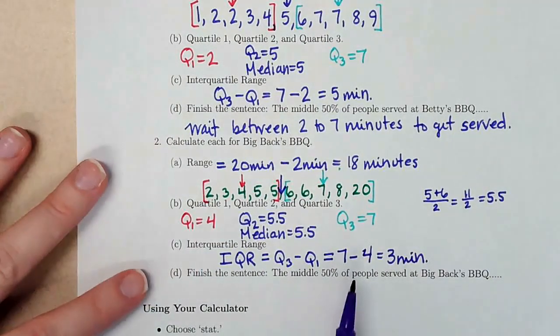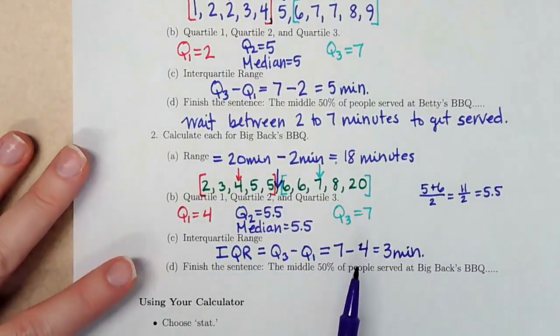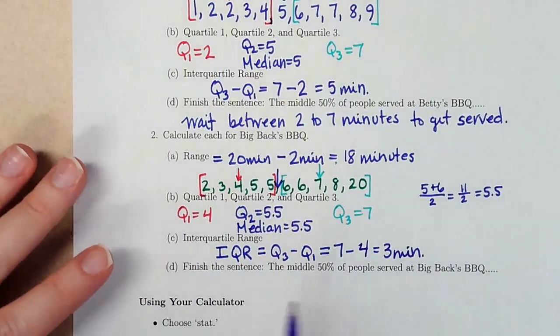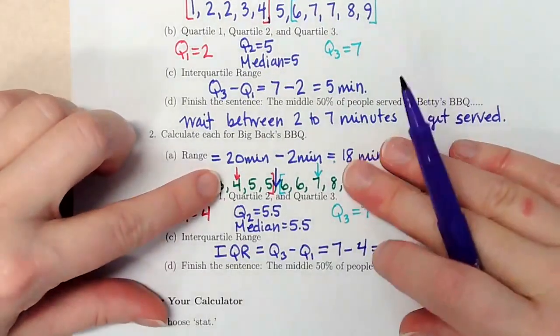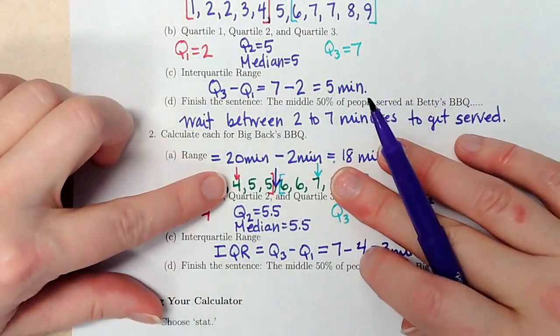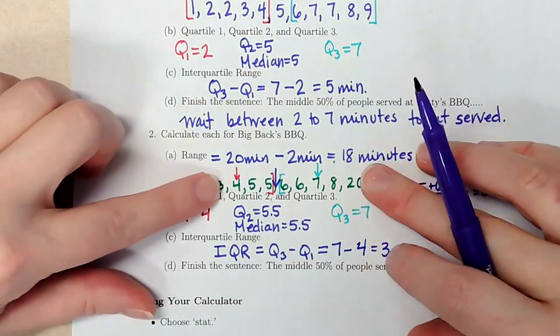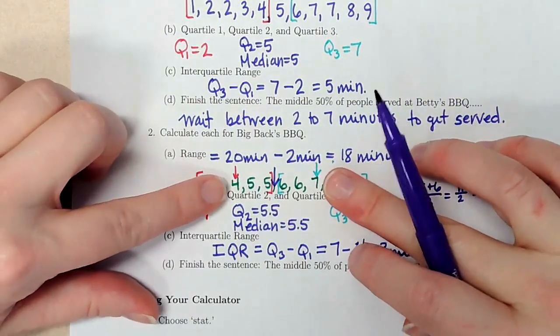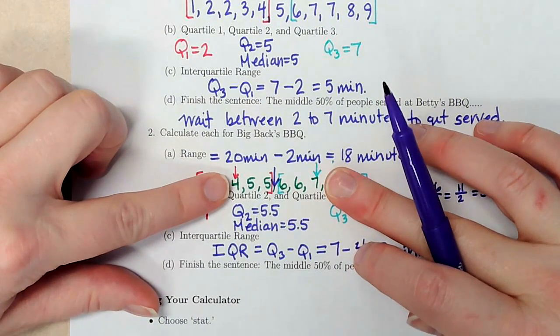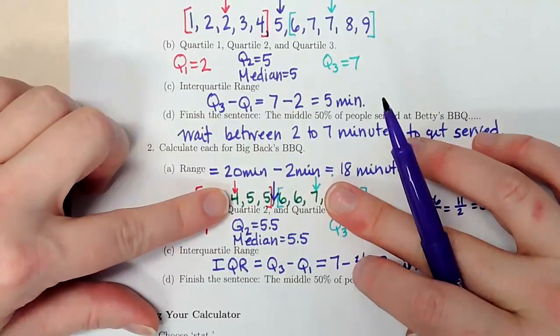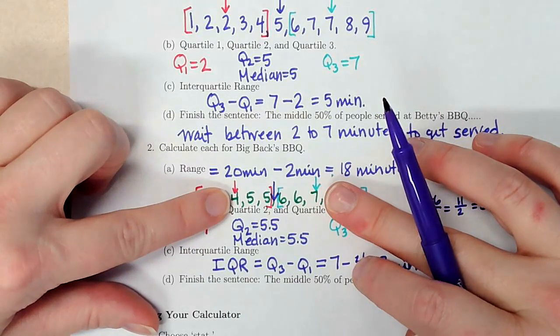So if you get rid of the extremes and just look at the middle people, get rid of these two tails, there's not a big span.